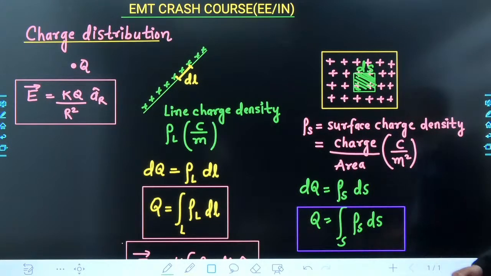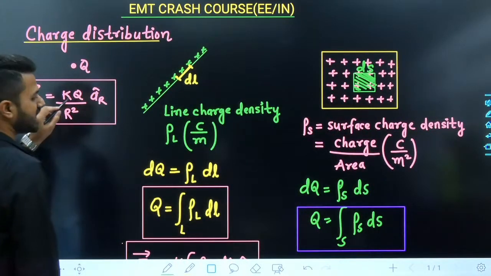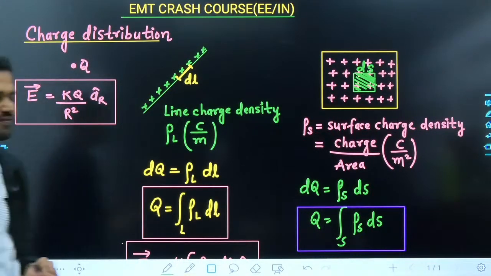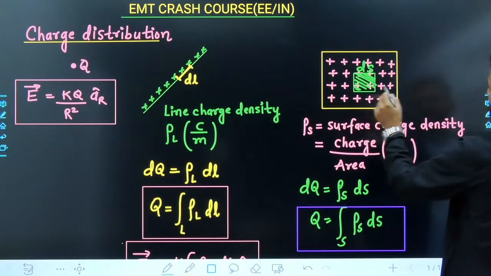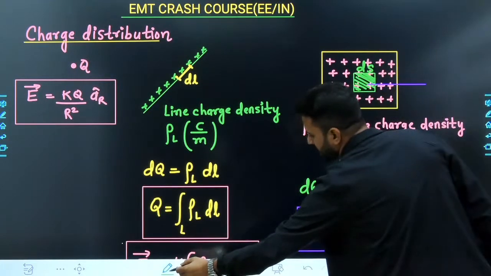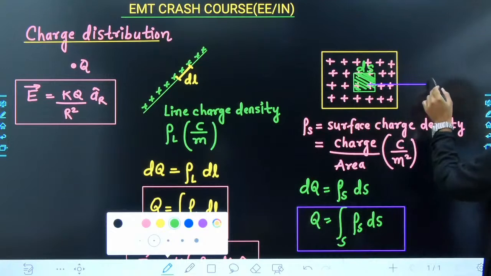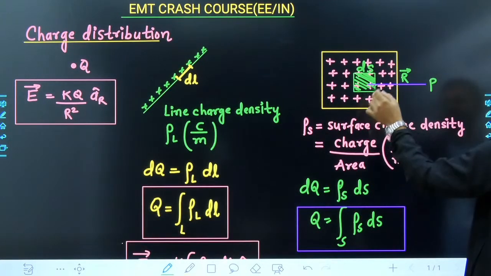Because you have got the total charge, you can write the equation of electric field at any distance r from this surface. Suppose you want to calculate the electric field at any point P, which is at distance r from this differential surface.